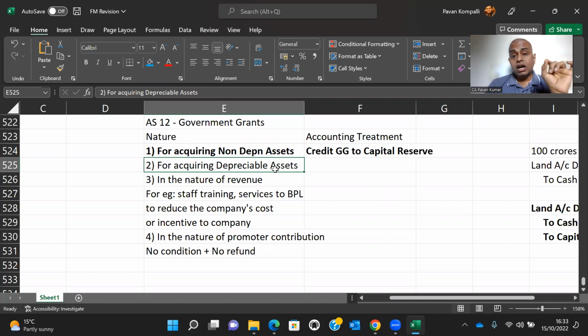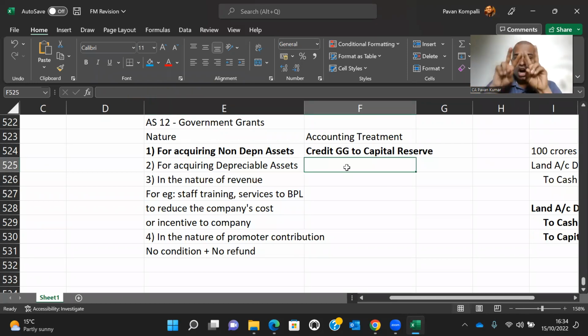In case of a specific grant to acquire a depreciable asset, like plant and machinery, any form of tractor or motor vehicle, it could be a bus, a truck, some equipment, computers. Then how many options the accounting standard has given? 2 options.